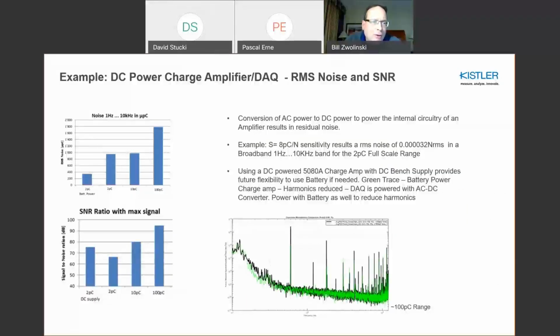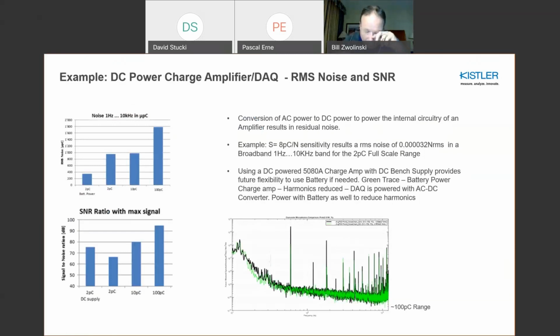In terms of DC power, I give an example here of a charge amp, where the 2 picocoulomb range is the most sensitive range of a charge amp. And 2 picocoulombs means that 2 picocoulombs equals full scale. So if you had a force sensor, say of 4 picocoulombs per Newton, you would have half a Newton full scale in your measurement.